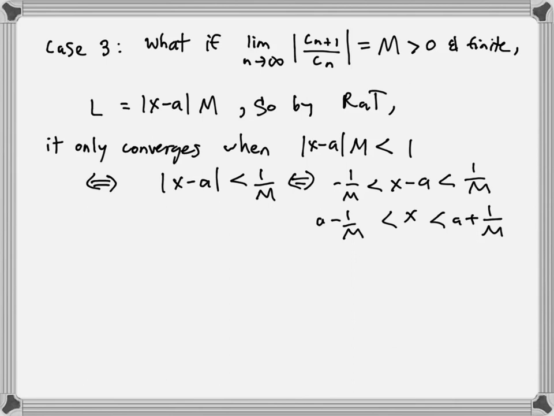Okay? So what does that mean? This means that we converge only when we're at some radius about a. And remember, a is the center of the power series, and so now we start to understand why we call it the center.